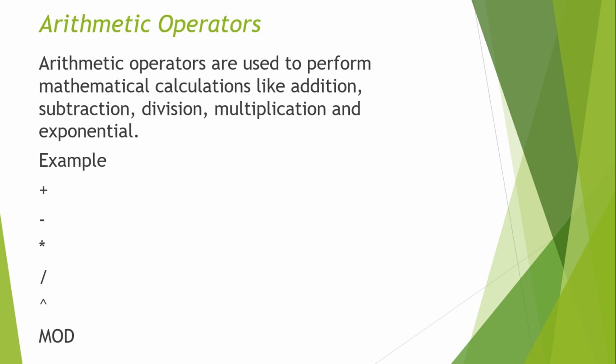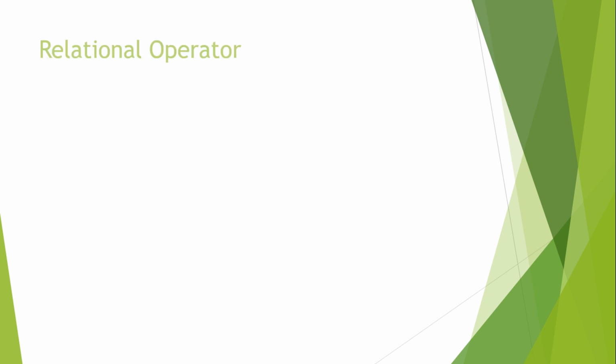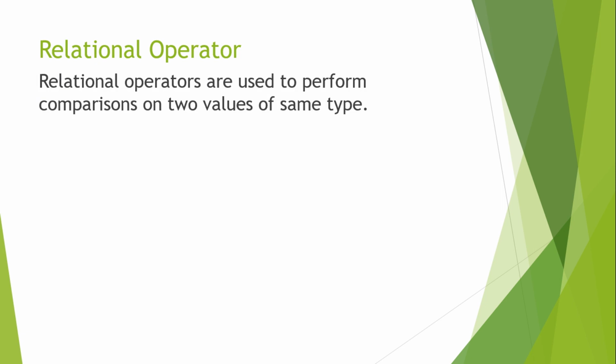The next operator is the relational operator. Relational operators are used to perform comparisons on two values of the same type. If you have two operands and you want to find the relationship between them, like whether they are greater, smaller, or equal, then you use a relational operator.